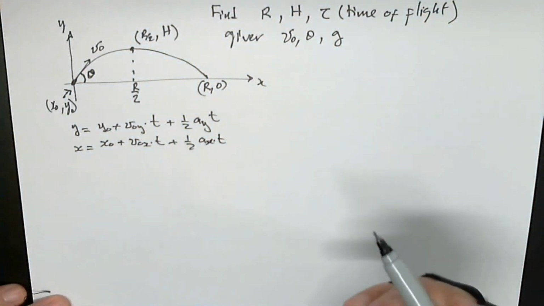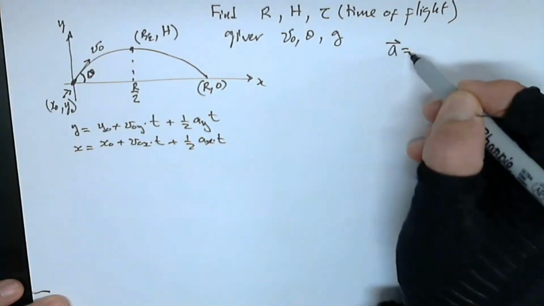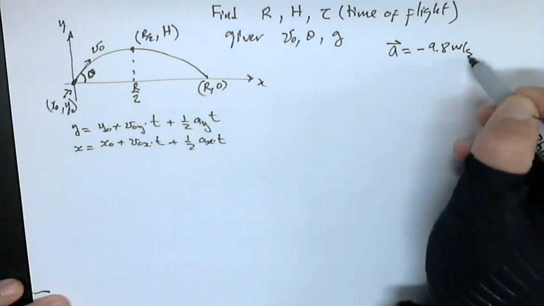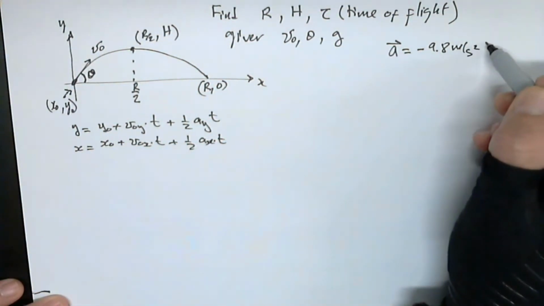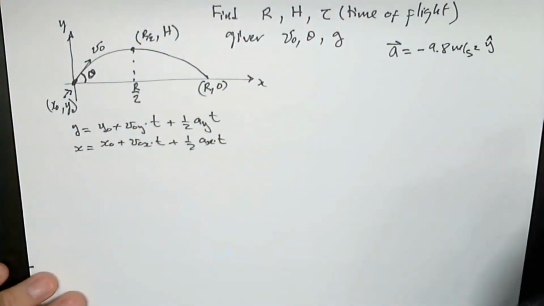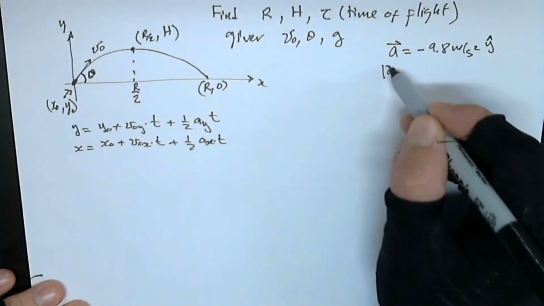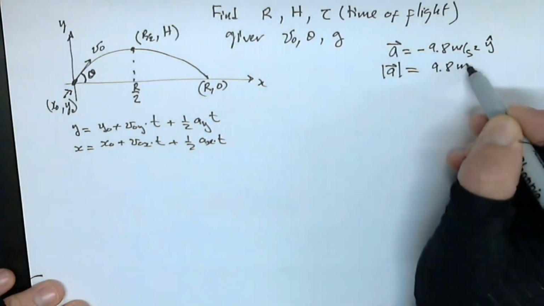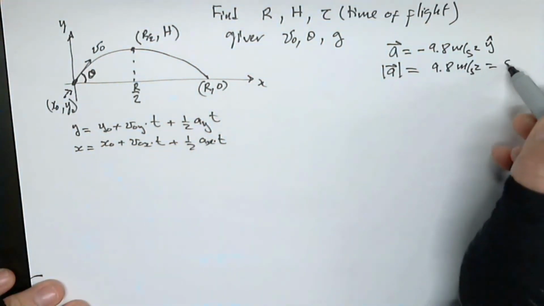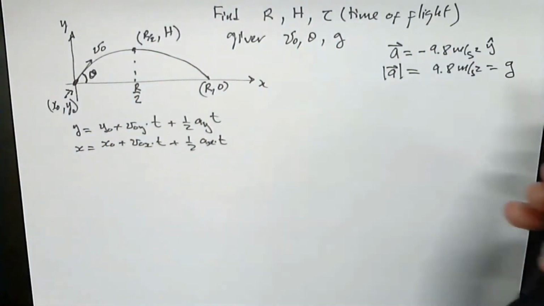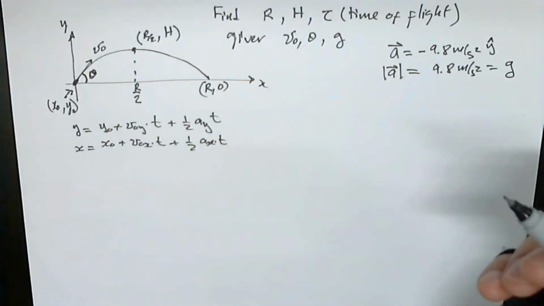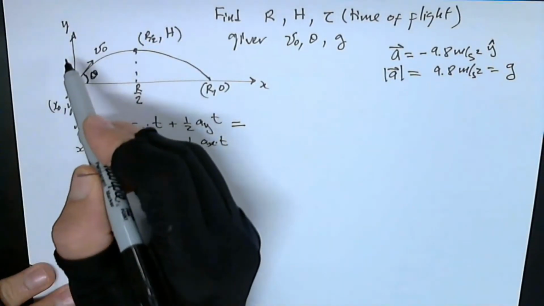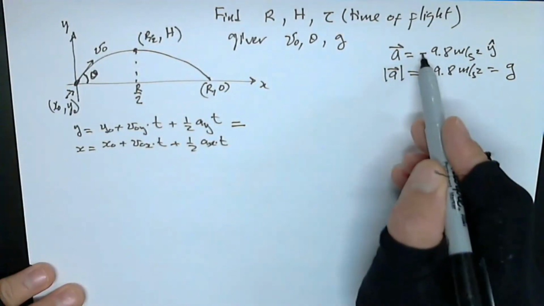But the acceleration is only in the y-axis. And the magnitude of the acceleration is 9.8 meters per second squared if you are at the surface of this planet; that's what we are going to call g. Positive 9.8 is the magnitude, that's g. So if we put the axis up like this, that's why this is negative over here.